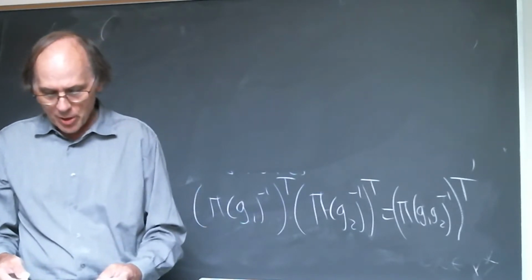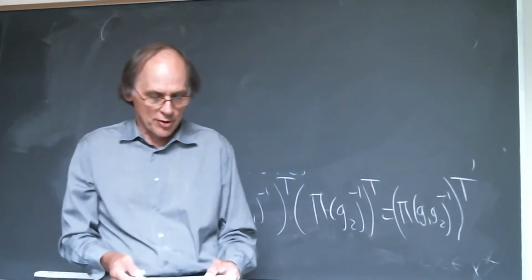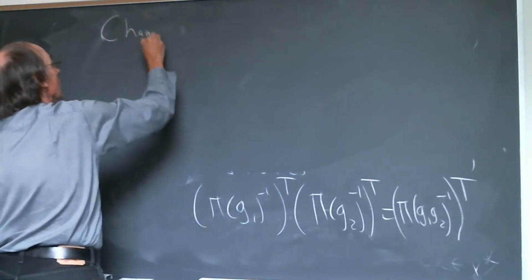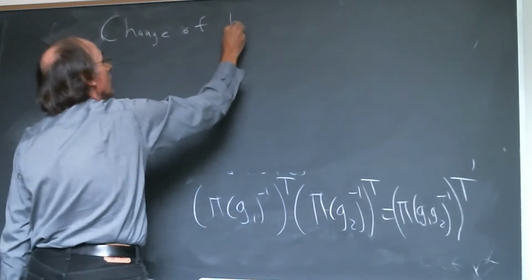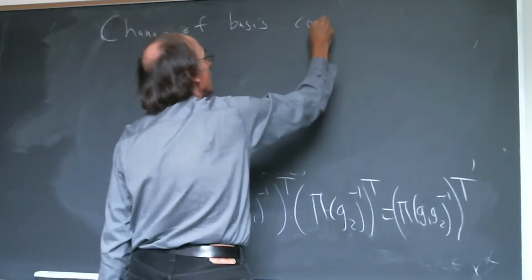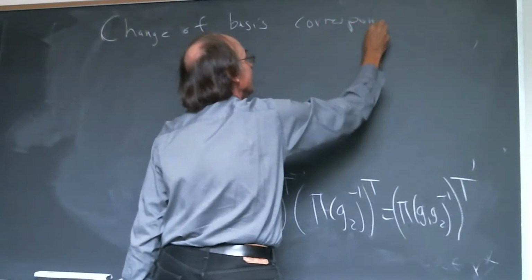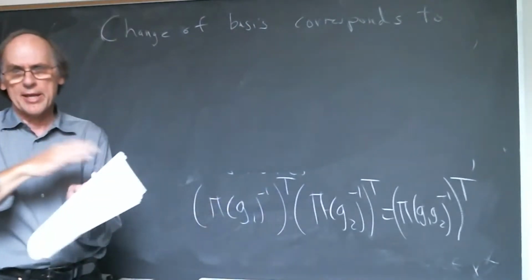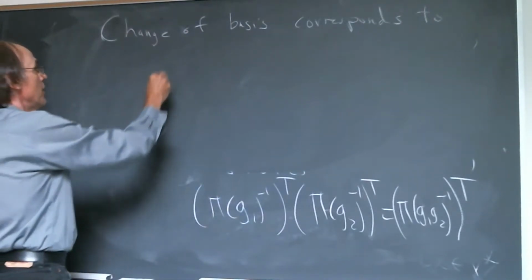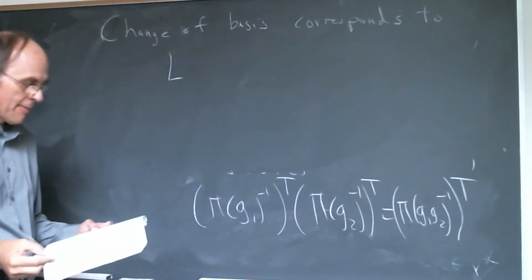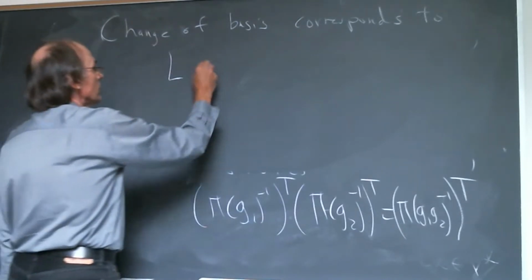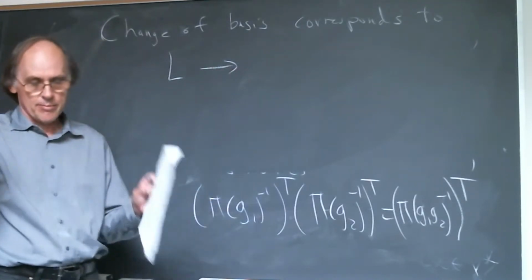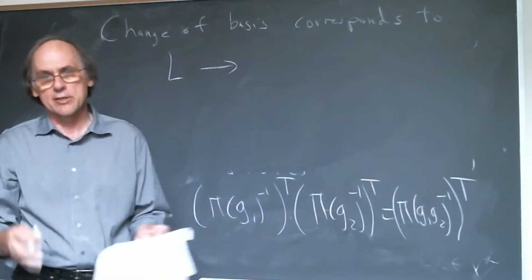So a fact again from linear algebra is that you have a change of basis formula. If you change the basis with respect to which you're doing calculations, then your linear map gets conjugated by the transformation that relates the two bases.